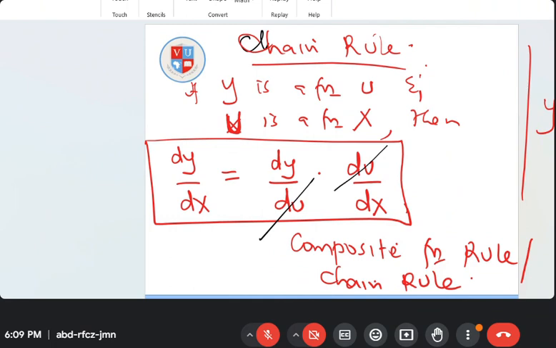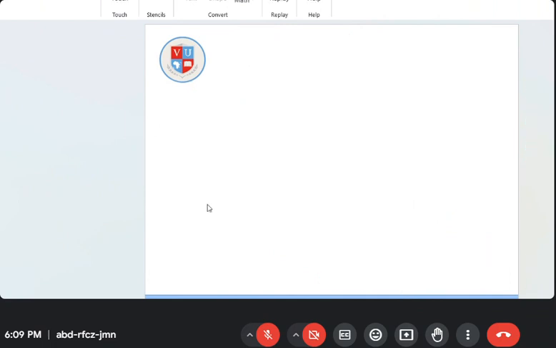We are going to see some examples, starting with that one. Appreciate the chain rule, and in the write-up you will see a guiding principle for us to appreciate and use it.